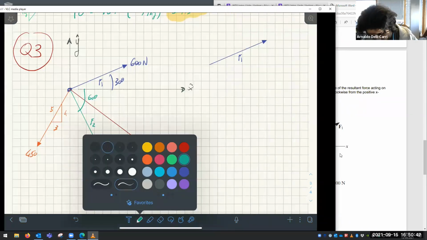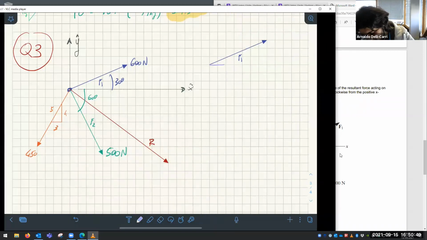Start with F1. The components of F1 are F1x and F1y. So this is F1x and this is F1y because the x-axis is horizontal and the y-axis is vertical.